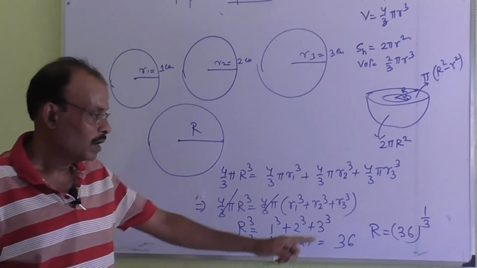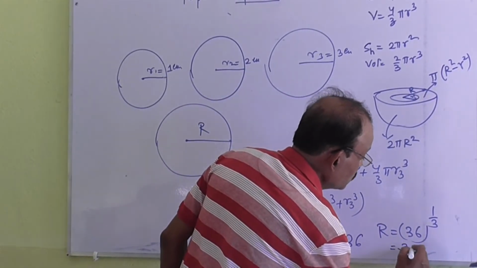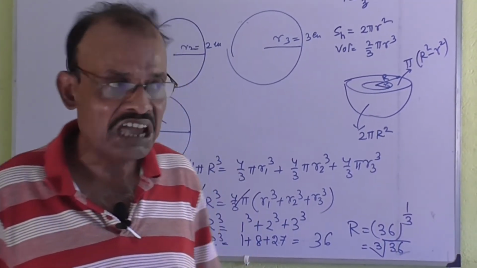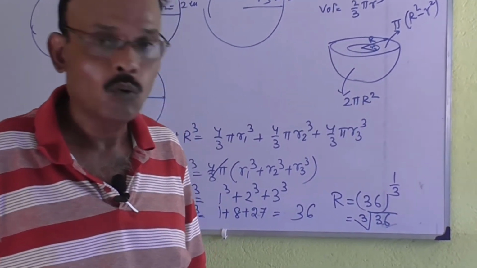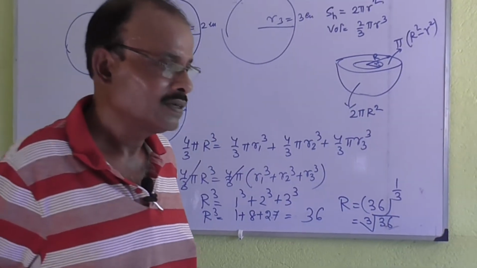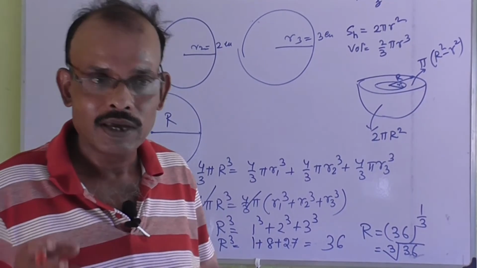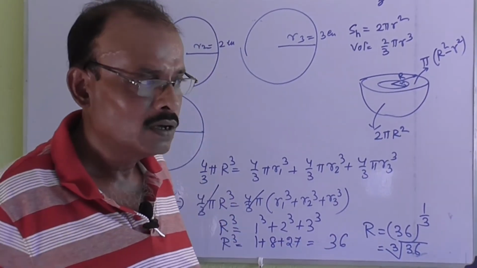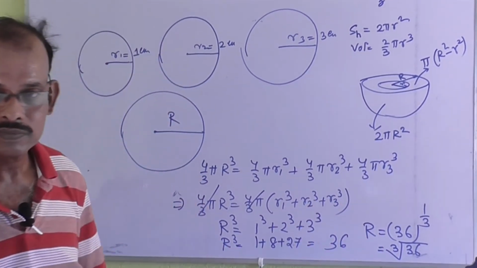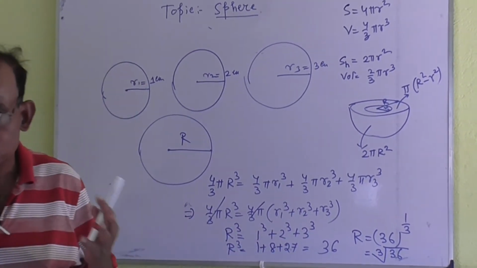Clear? Otherwise, we must write the cube root of 36. If this figure will be 64, 8, 27, 125, so we get easily. That means the cube root of 64 be 4, the cube root of 8 be 2, and so on. So, understand this sum. I will next give you the next sum.